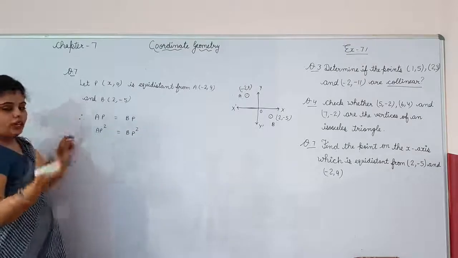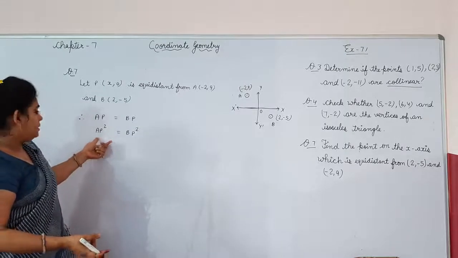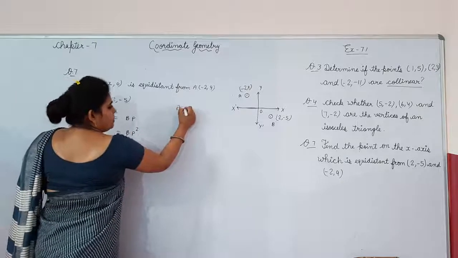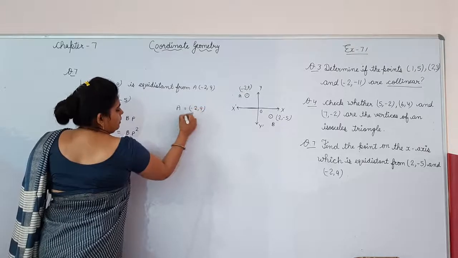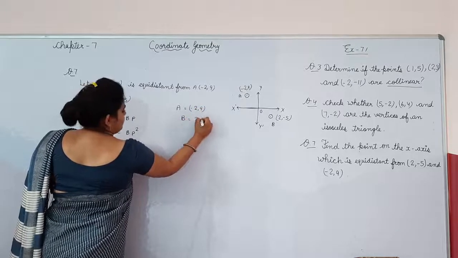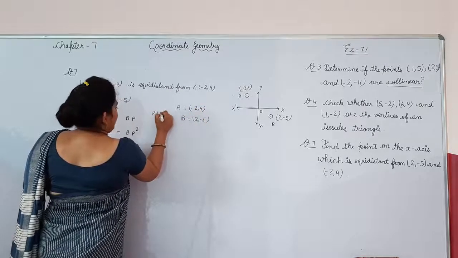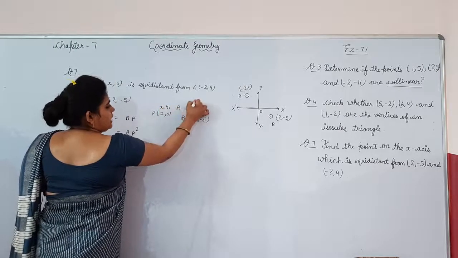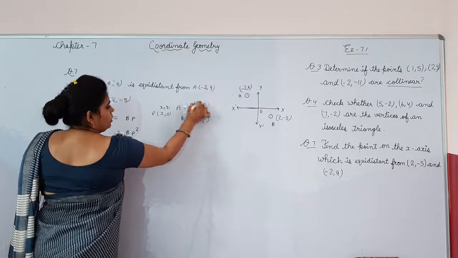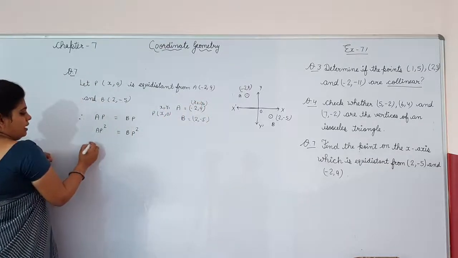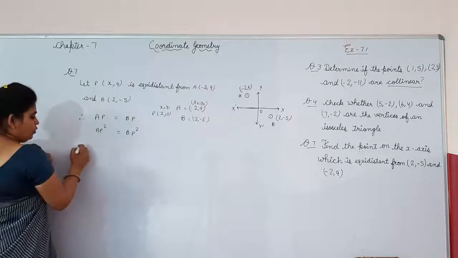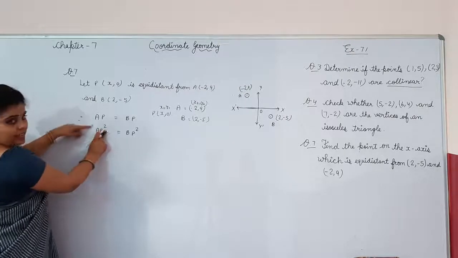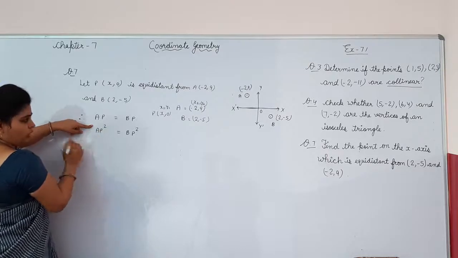अगर AP BP के equal है तो उसका square भी equal होगा. Then how will we find AP square? A is (minus 2, 9), B is (2, minus 5), and P is (x, 0). Let it be x1, y1 and this x2, y2. Then we can find distance, and in the distance formula we take square root, but I have taken square here, so no need to take the square root.